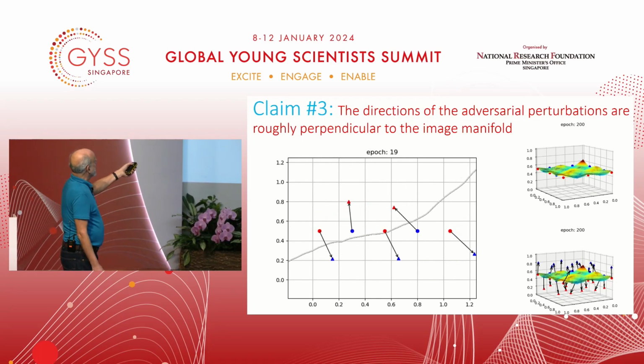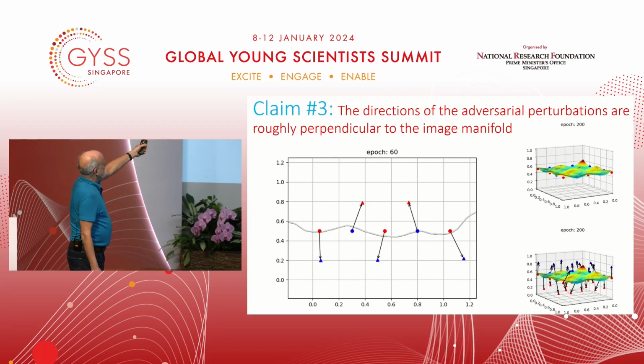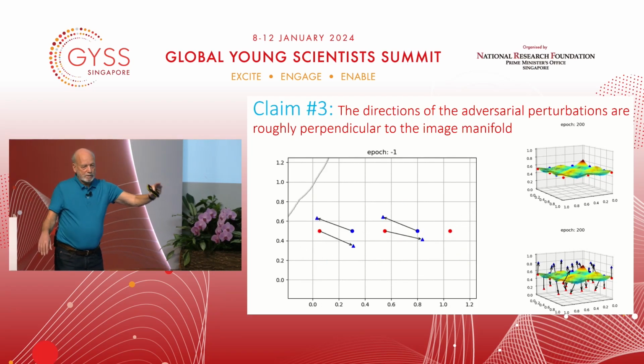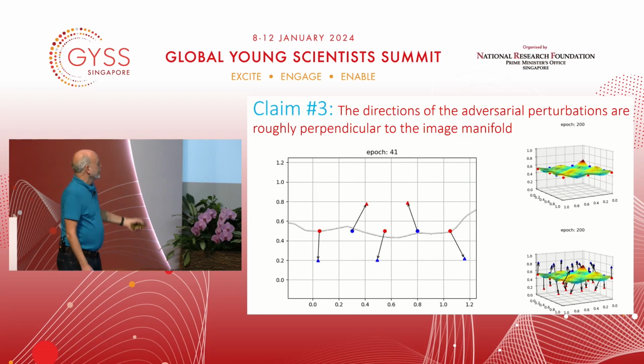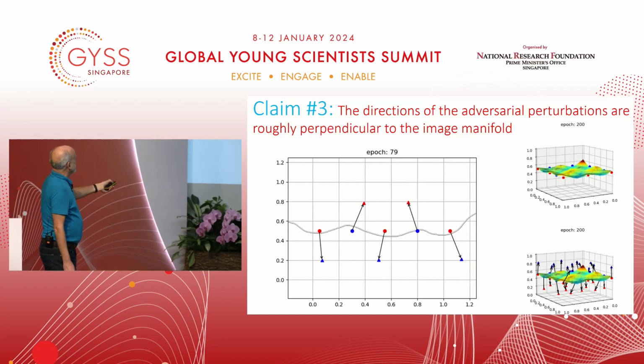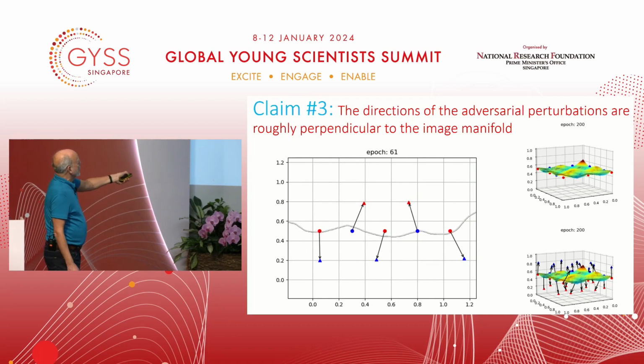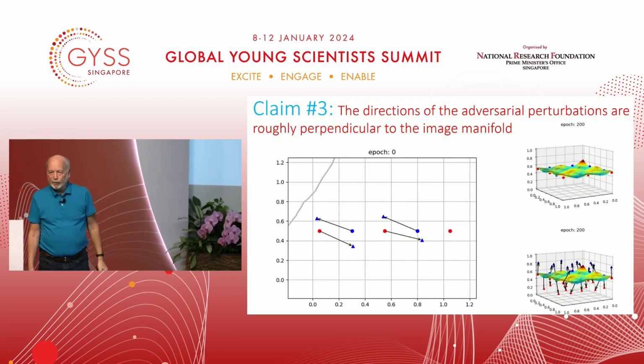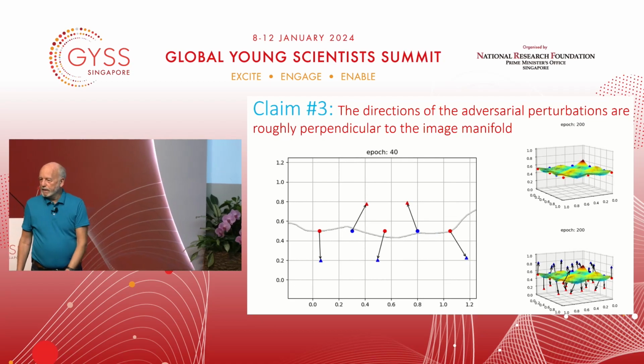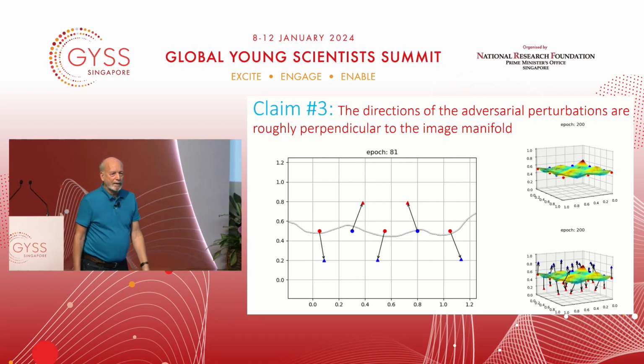And because I said that the decision boundary is almost flat, just undulating slightly, the adversarial direction, the perturbation, has nothing to do with moving horizontally in the image manifold, trying to increase greenness or make the image more smooth or anything.